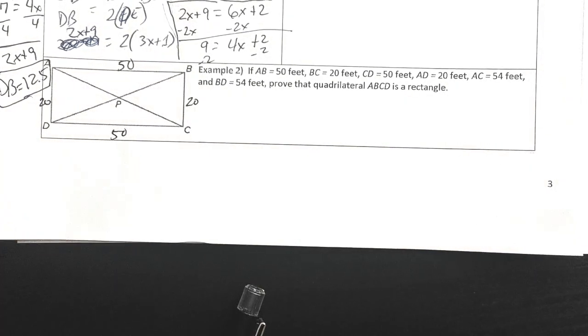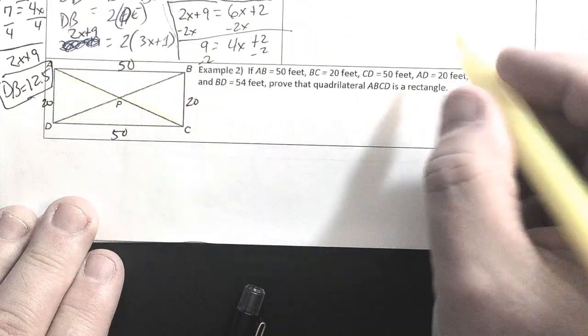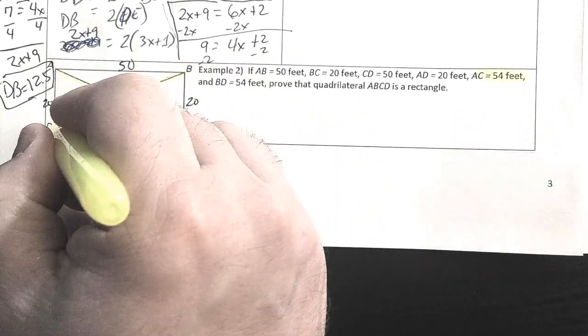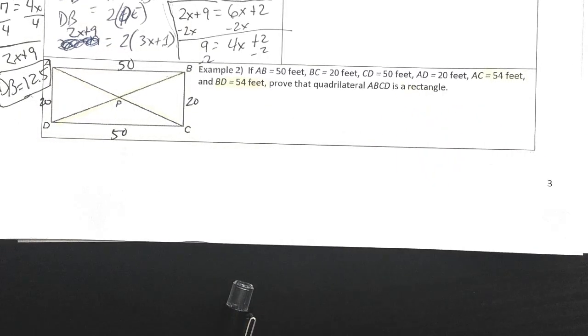I'm just going to highlight that. So this diagonal is 54 feet. And BD, this diagonal, is 54 feet. Prove that quadrilateral ABCD is a rectangle.